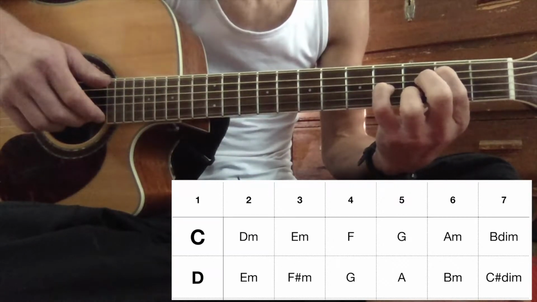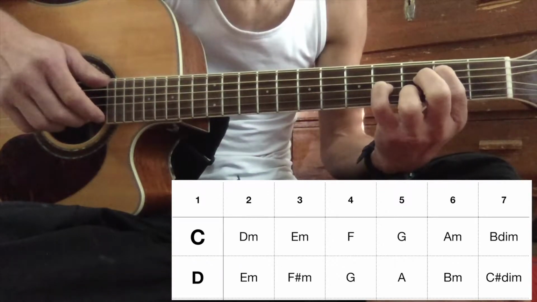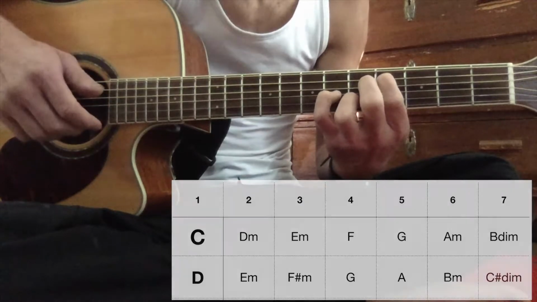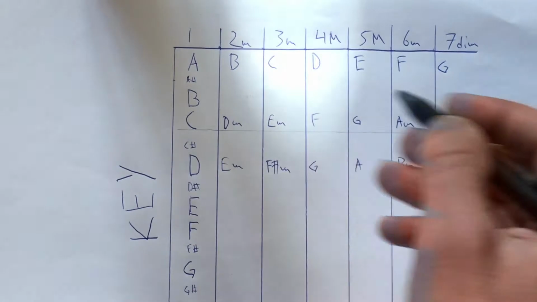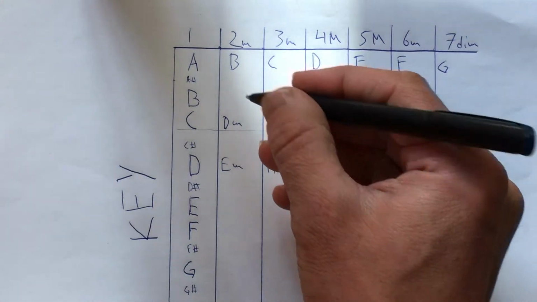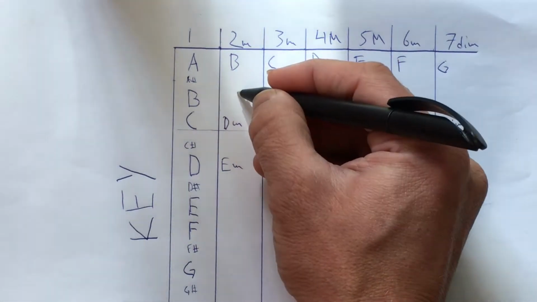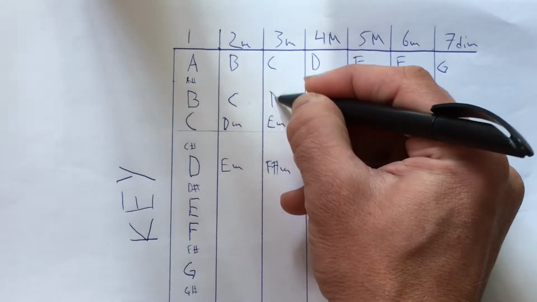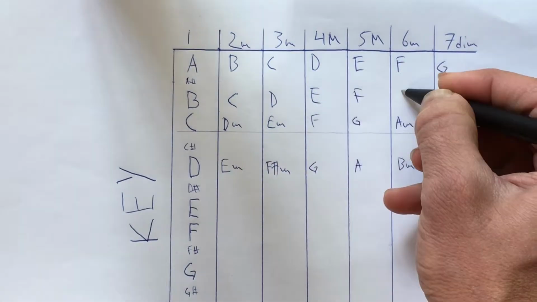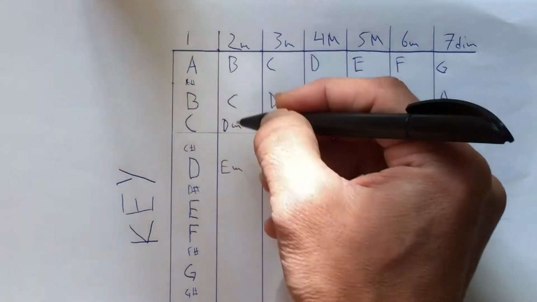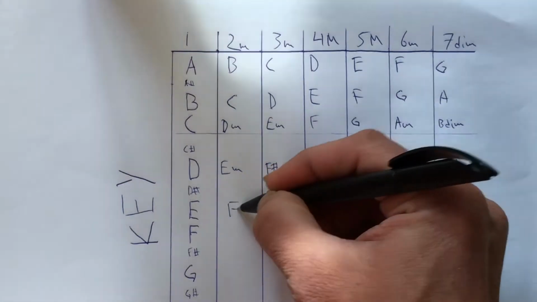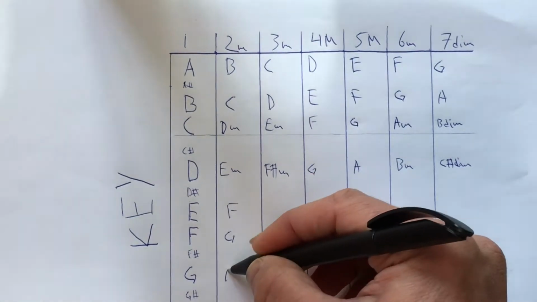The B dim, just slide it one step up, it becomes a C sharp dim. And everything will always be in alphabetical order, like you see B, C, D, E, F, G, A.